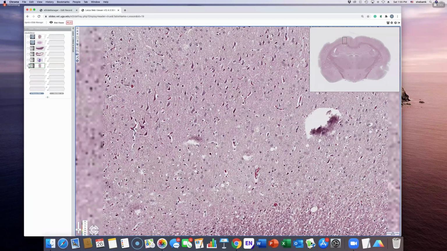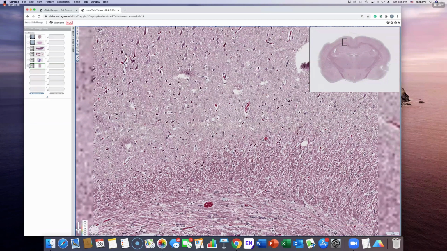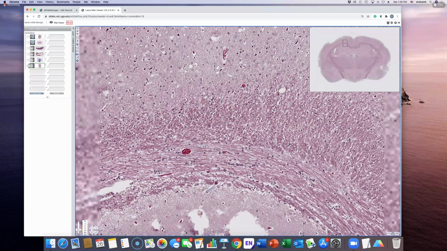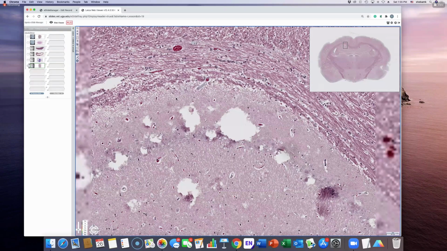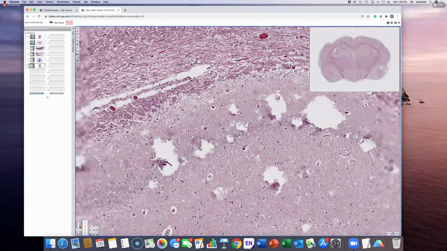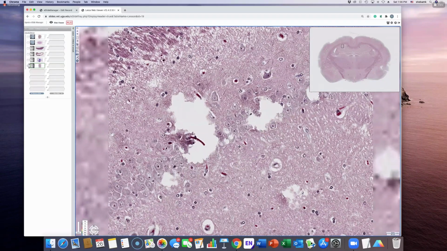Because the neuronal cell bodies are present there, all this area would be gray. Gray matter. This is white matter. And then there could be alternating layers. So this is gray matter again. You can see neuronal cell bodies here. Let's go closer to look at these neurons.